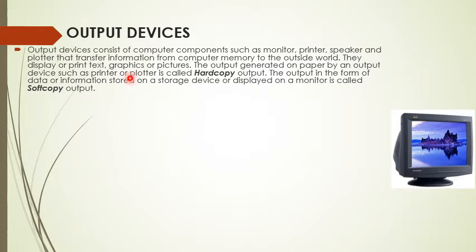They display or print text, graphics, pictures, or images. These are displayed through output devices, or maybe in the form of sound, which is not mentioned here. The output can be in the form of sound.